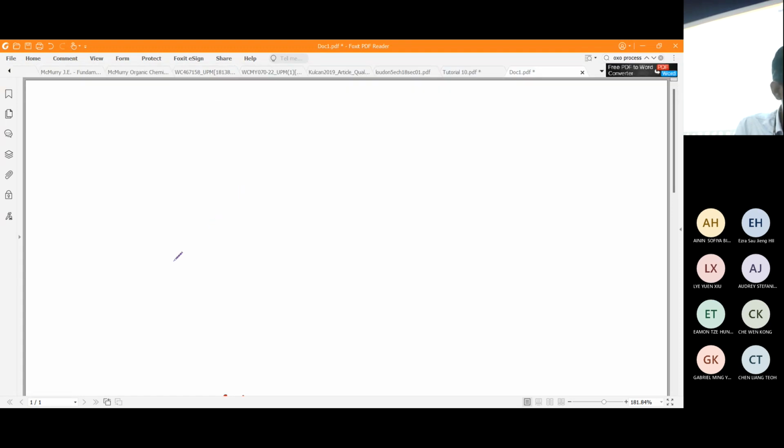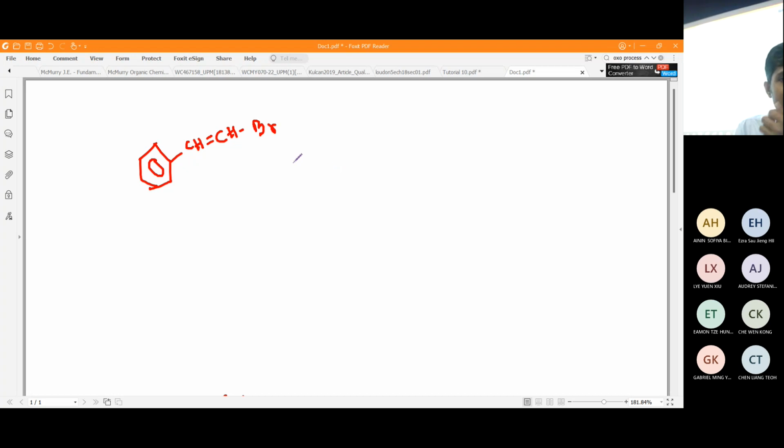So for the E2 reaction, I just want to show you one thing. This is the structure of CH2 double bond CHBr, right? So this Br, right?